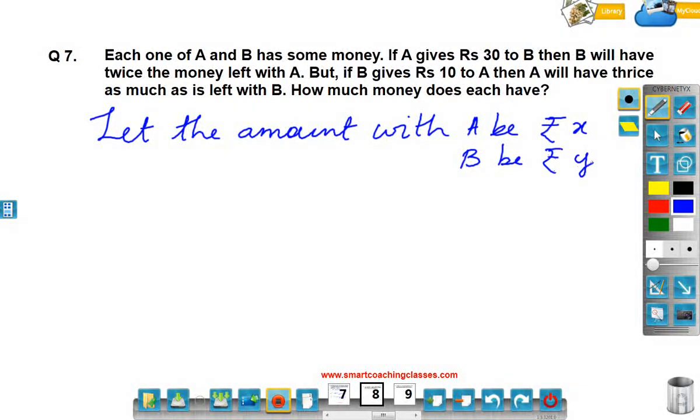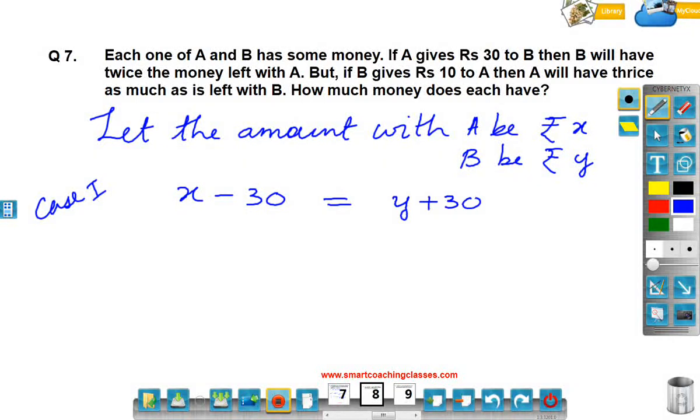So now what is happening? Let's read it and put it into words. Very simple. A gives 30 to B. That means how much does A have? A has X rupees. So X minus 30 because he has given it to B. Then B will have twice the money left with A. So X will be left with 30 less and B will have 30 more.